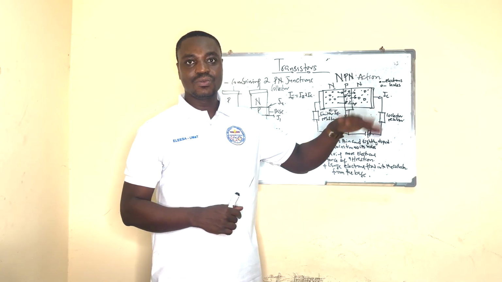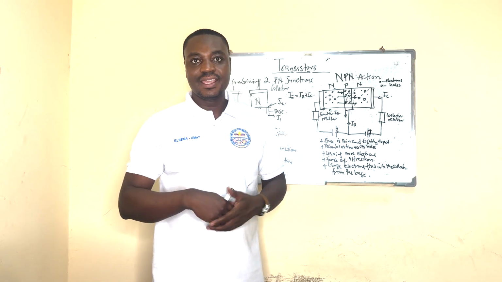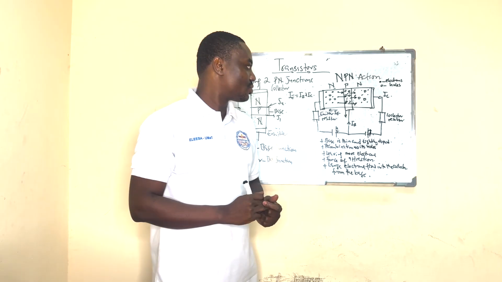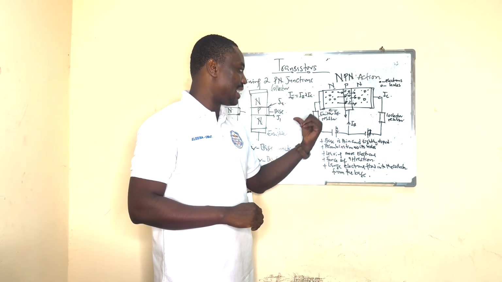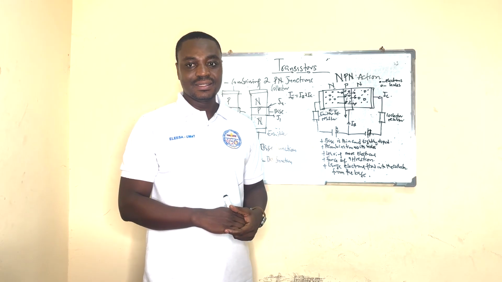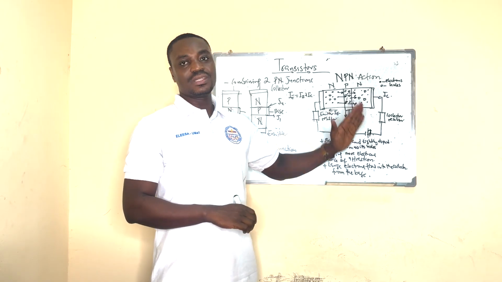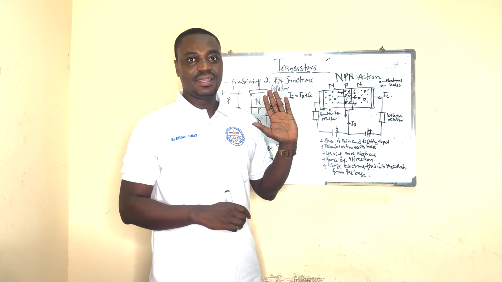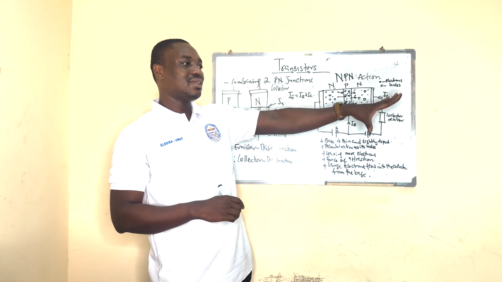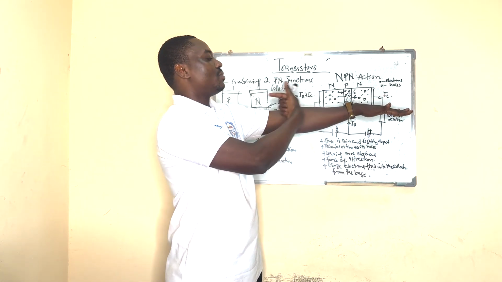We define current as a flow of electrons, so the movement of these electrons constitutes current. And the direction of current is opposite the direction of flow of electrons. So if electrons are moving in this direction, the current direction will be opposite.